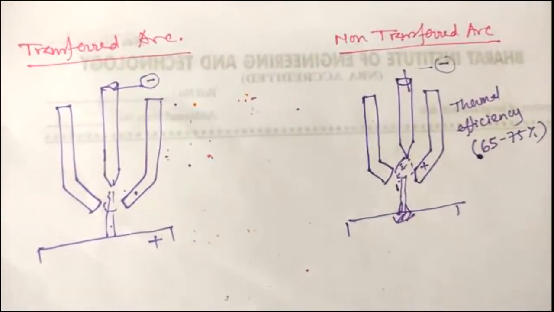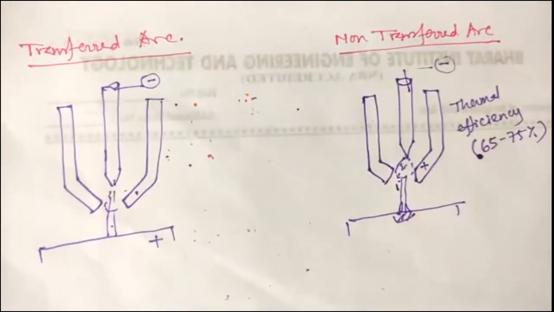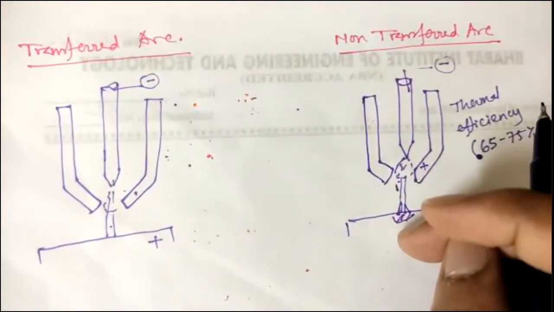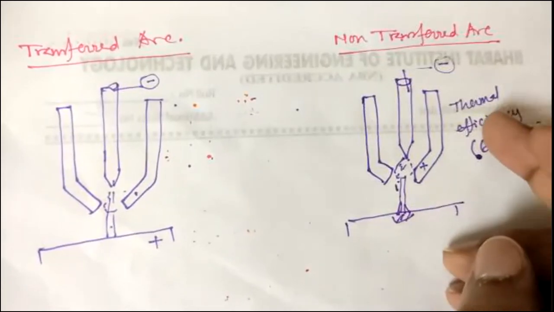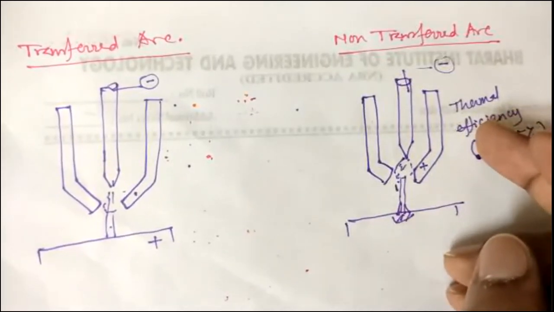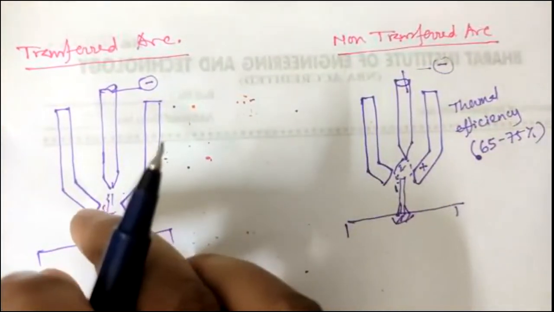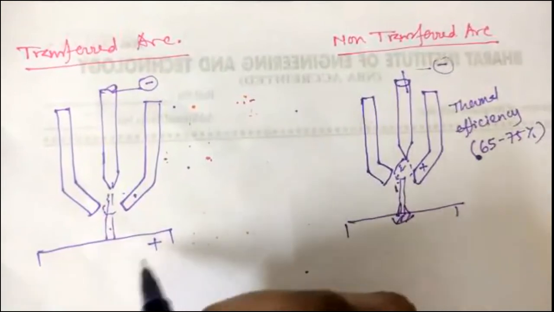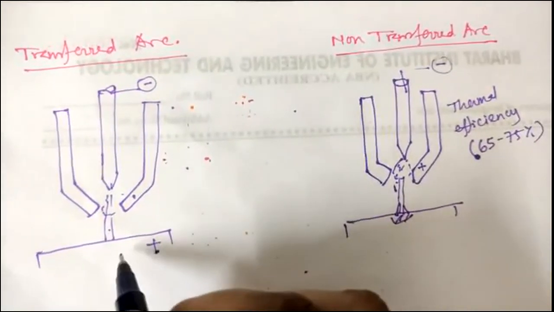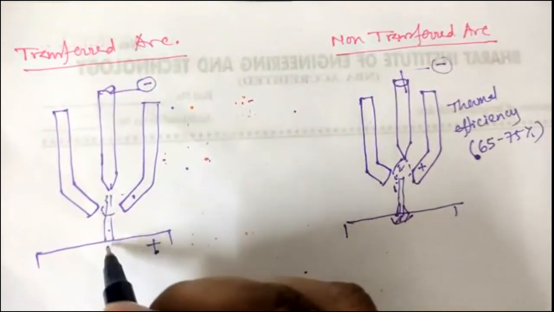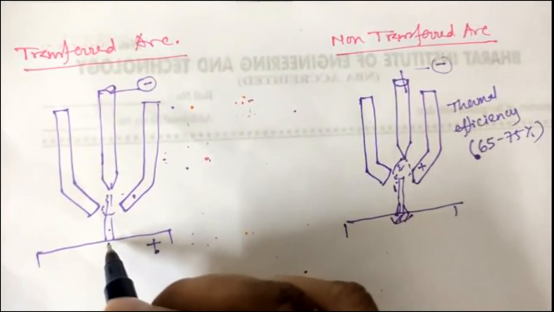Power is transferred between the electrode and the nozzle, and because of that, the flow of plasma towards the workpiece will not be more, and that's why the efficiency also gets reduced. But in this case, we have connected the positive supply to the workpiece, and that's why the electrons, or this plasma, will be moving towards it with high velocity, and hence it will give more efficiency.